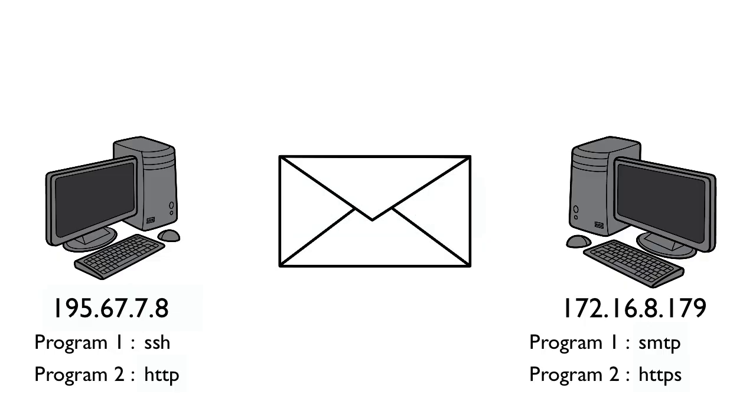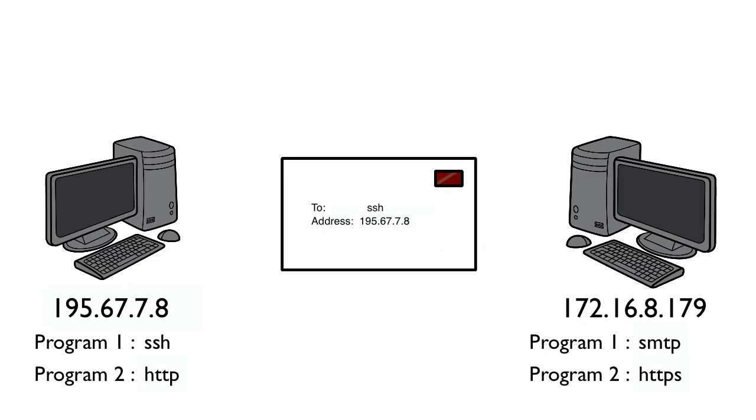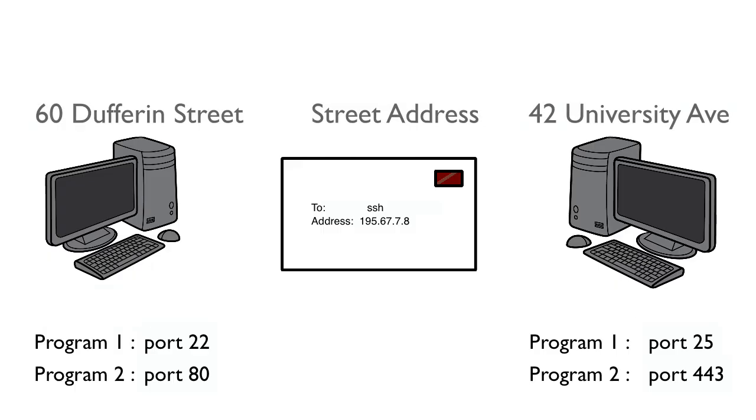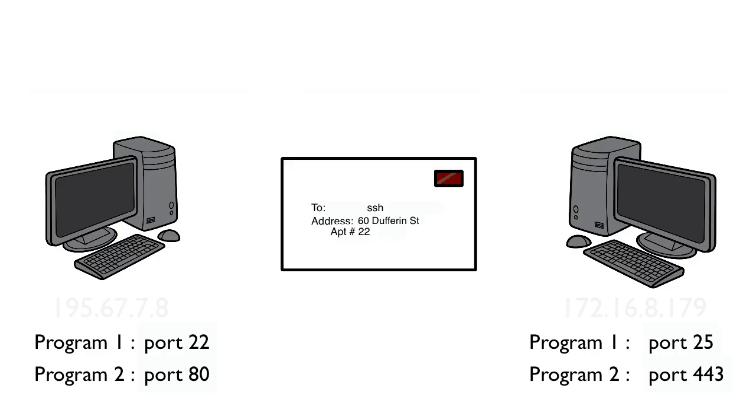Messages sent across the Internet are destined for a particular program. So we need more than just the machine to specify which program. That's what ports are for. If a machine's address is like a street address, then a port is like an apartment number in the building at that address. The full location of a program running on a machine connected to the Internet is its machine address plus the port.